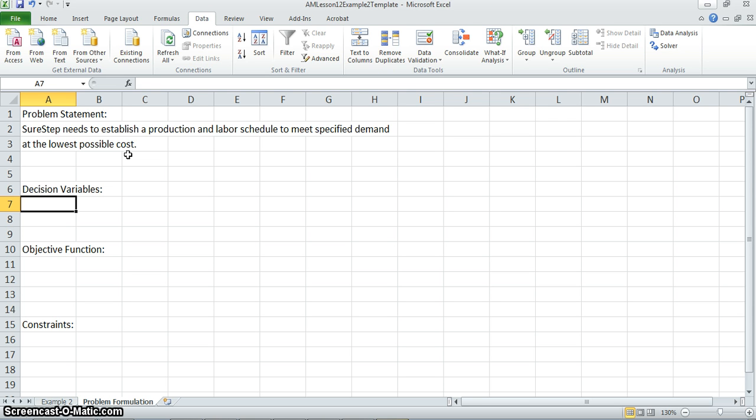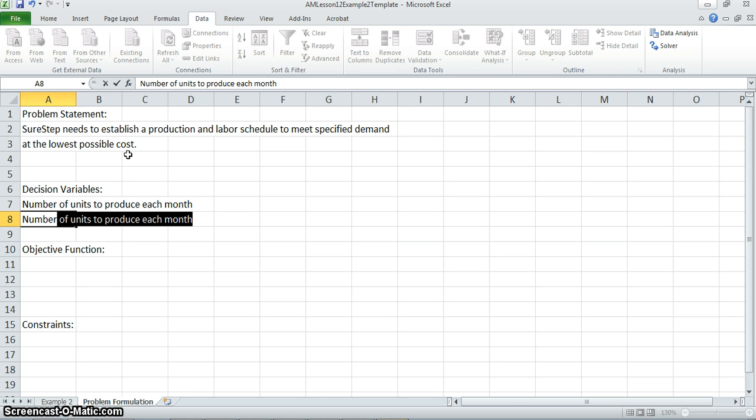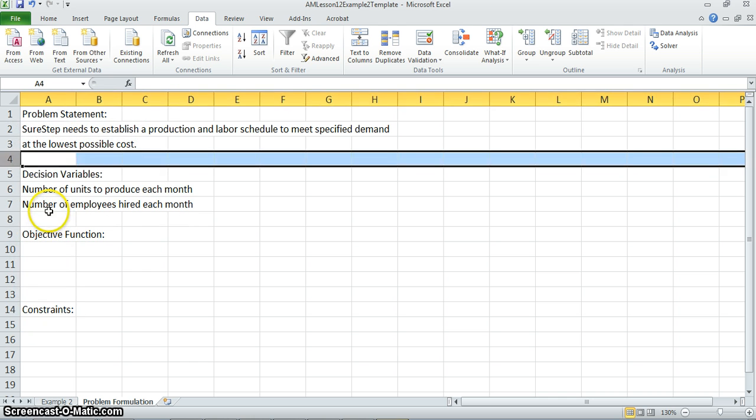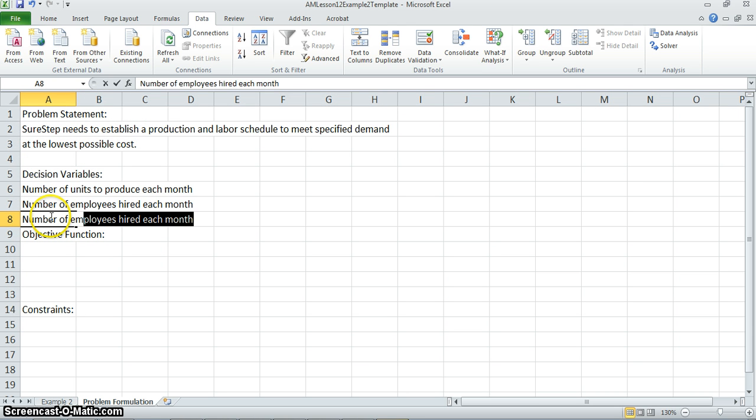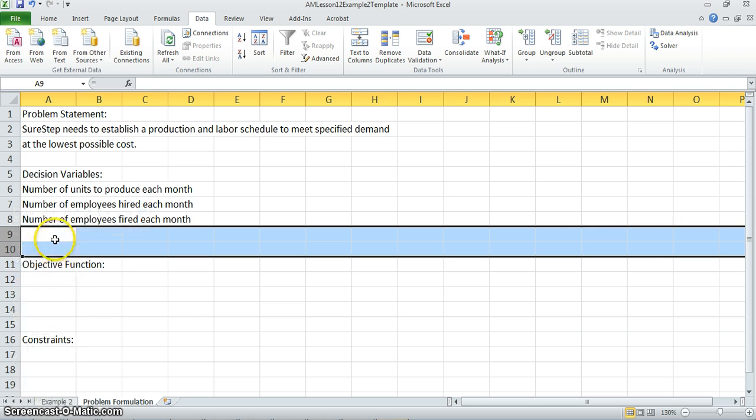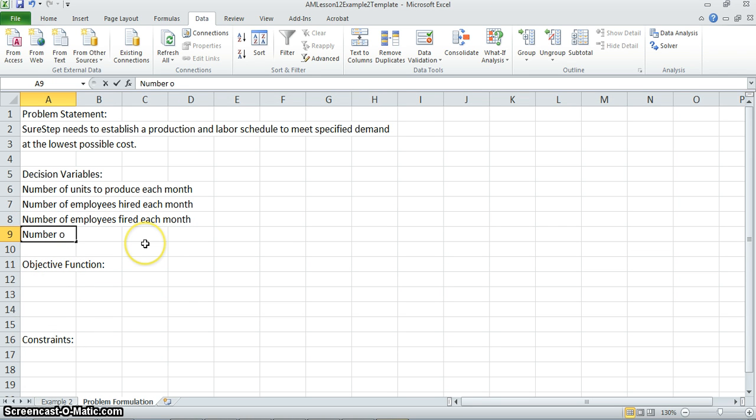The decision variables are 4 sets: the number of units to produce each month, the number of employees to hire each month, the number of employees fired each month, and the number of overtime hours used each month.